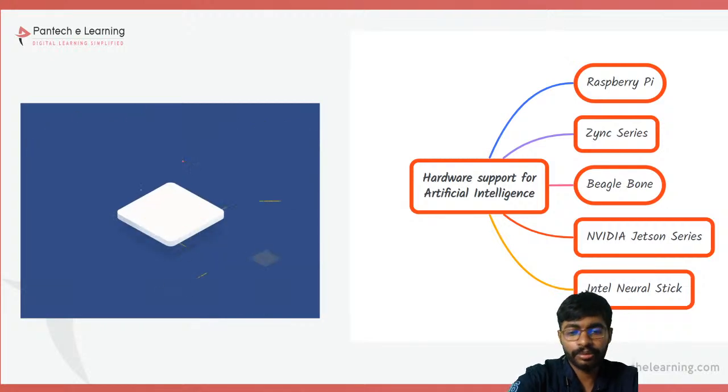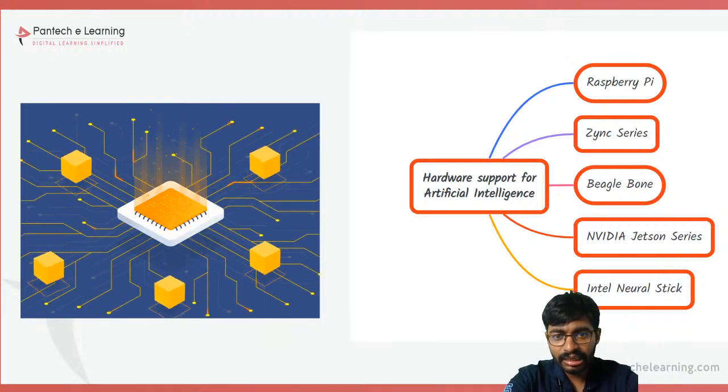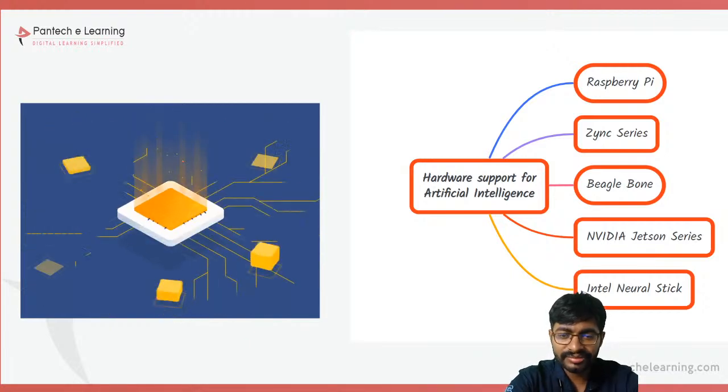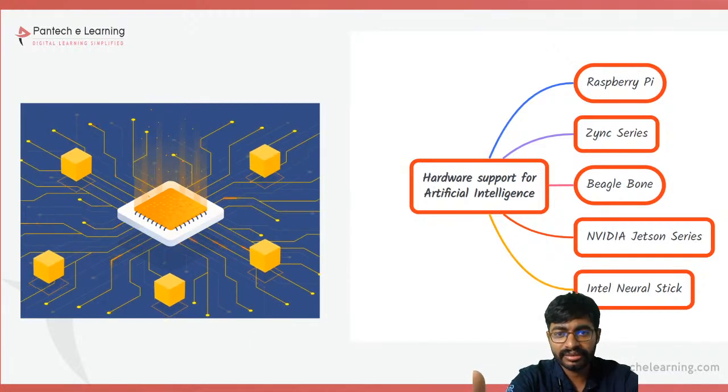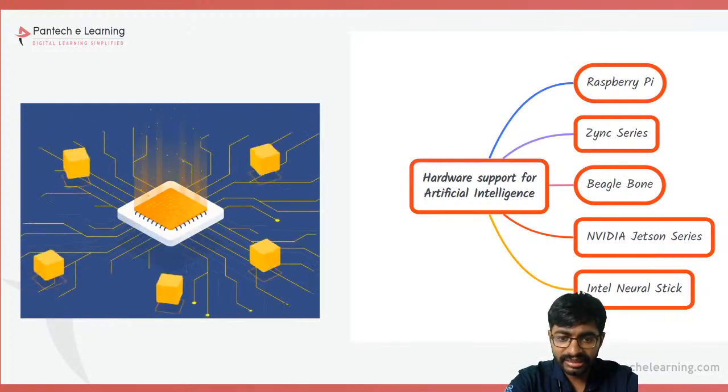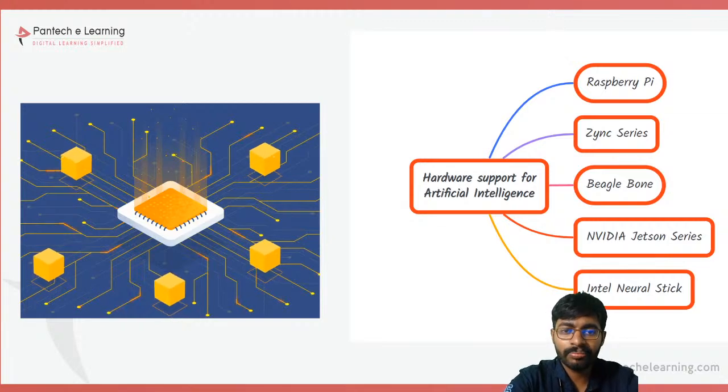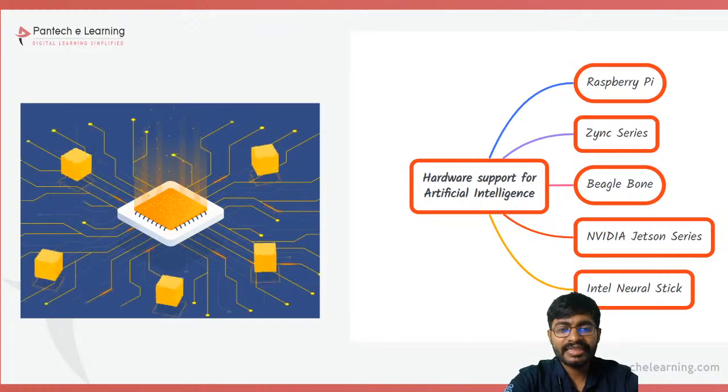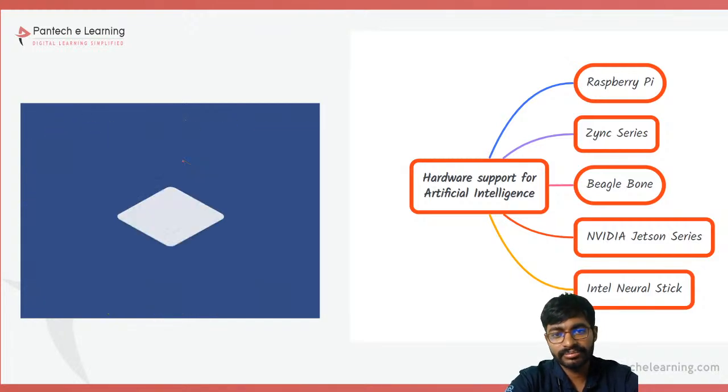Now the hardware support. Till now, whatever we have seen for Python for artificial intelligence was only the software part, the soft side of that particular skill. Once the hardware is enabled, only then will the complete AI device be ready. For example, if I say hey Cortana, it will detect in my system.